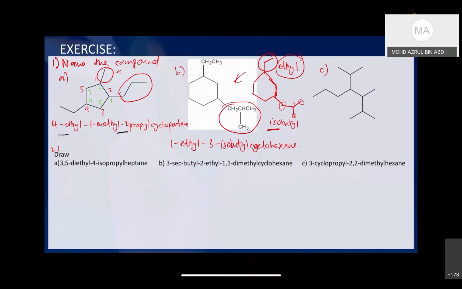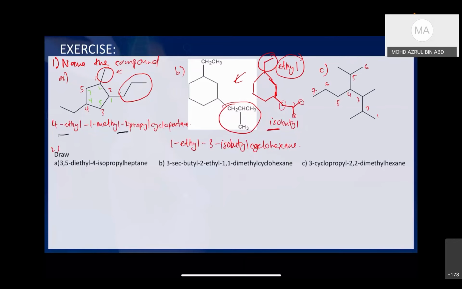Okay, another answer is 2,3-dimethyl 4 isopropyl heptane. 1, 2, 3, 4, 5, 6. Wrong, 1, 2, 3, 4, 5, 6, 7. So it means heptane.